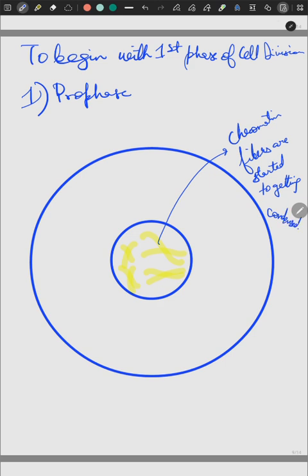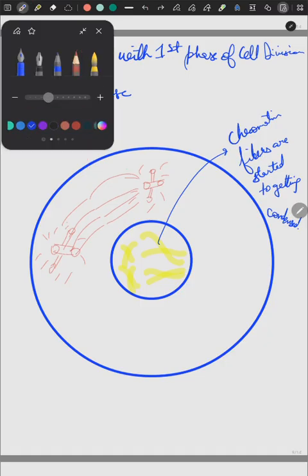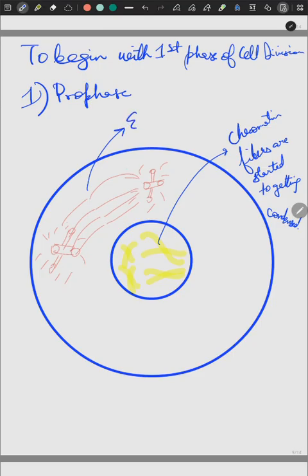Furthermore, the centrioles have started to form the microtubules. They're starting to extend the microtubules towards each other and forming an early mitotic spindle. Now we can observe the chromosomes under the microscope, because they're starting to condense.